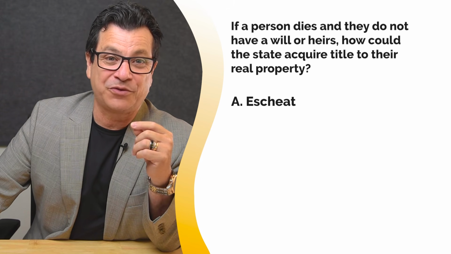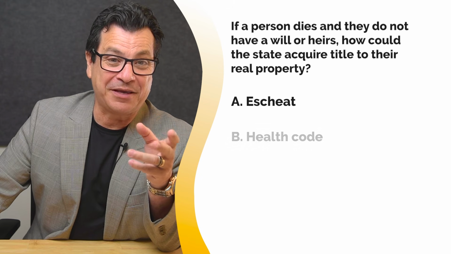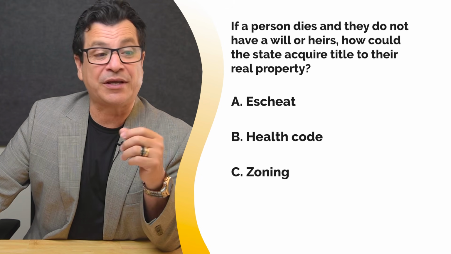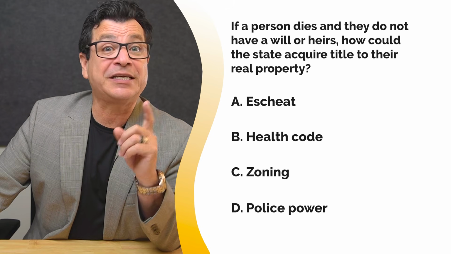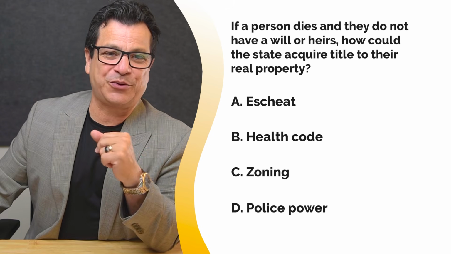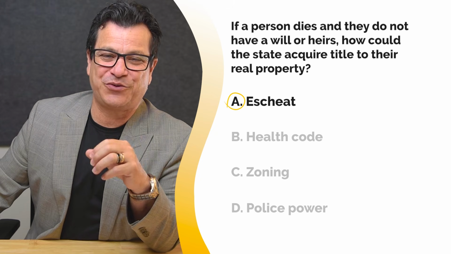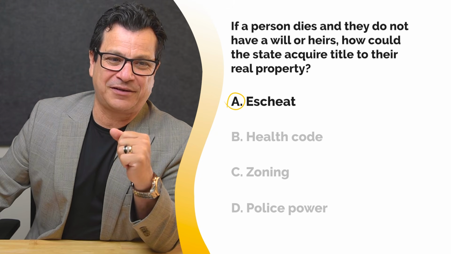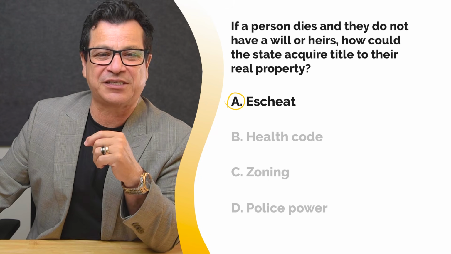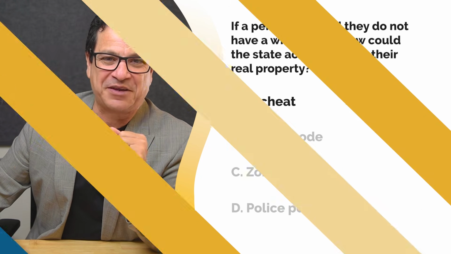A, through escheat, B, through the health code, C, through zoning, or D, through police power. The answer to this one is, yeah, you guessed it, escheat. Through escheat. Let's go to the explanation. When a property has no heirs, it will be escheated to the state after waiting 5 years.